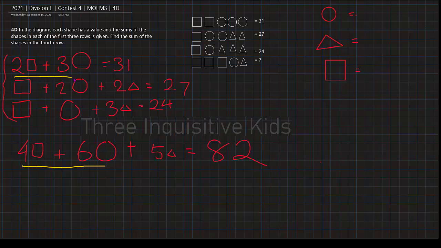matches with this part, because 4 and 2, 6 and 3, there's a relationship over here. If we know that 2 squares plus 3 circles equals 31, then what does double that equal? Because 4 squares is double 2 squares, 6 circles is double 3 circles.